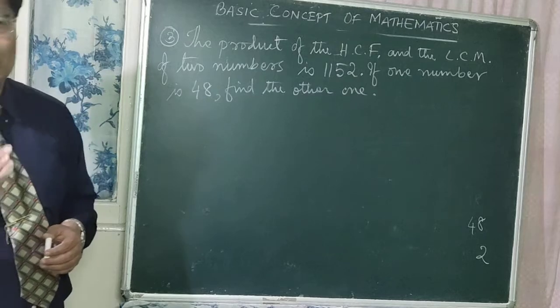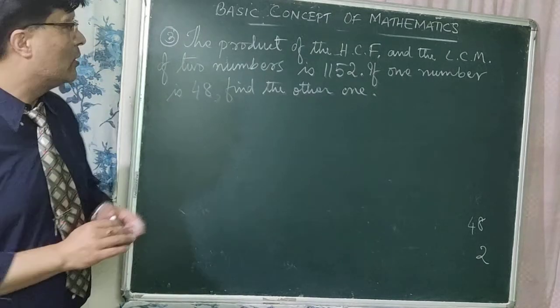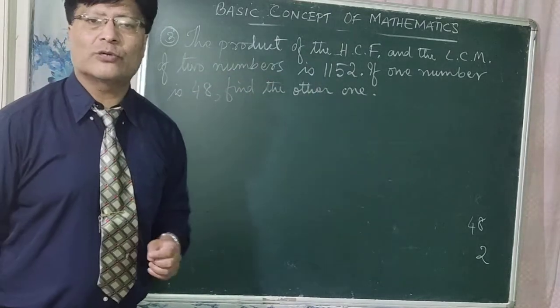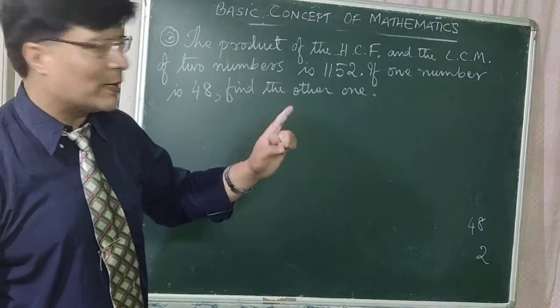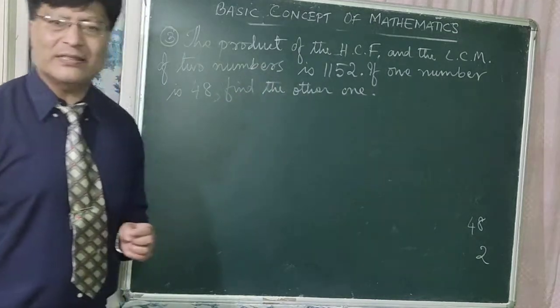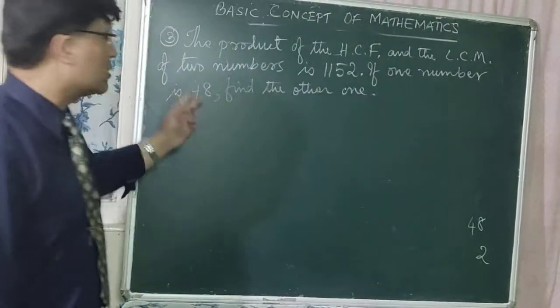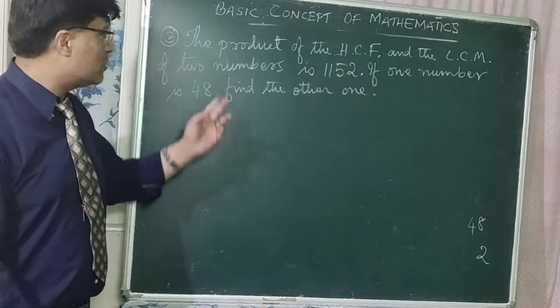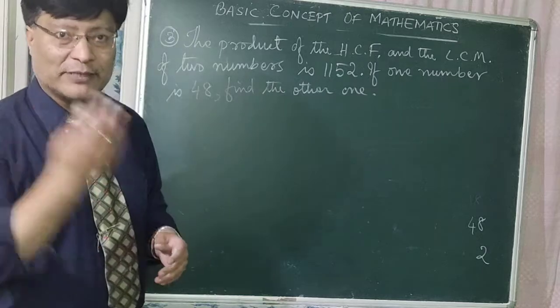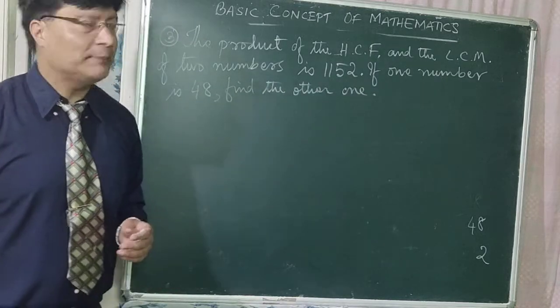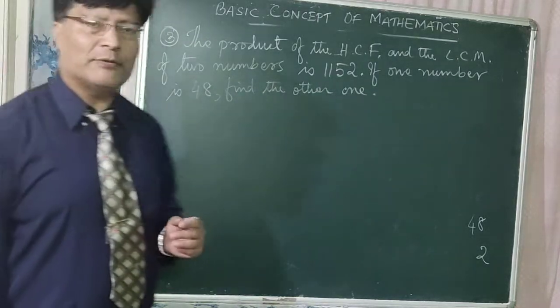Their HCF into their LCM will be equal to 1152. If one of the numbers is 48, find the other. You have to find out the other number.